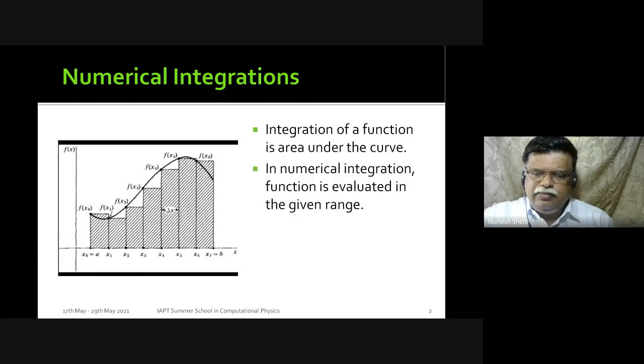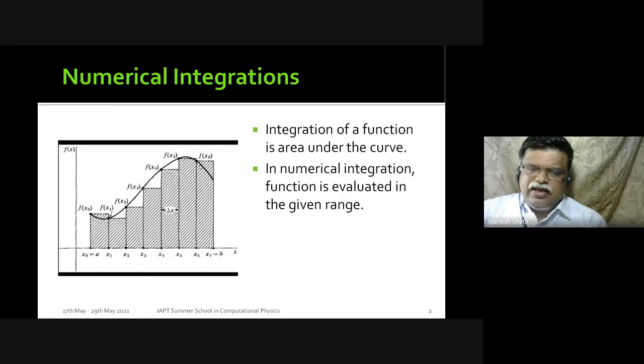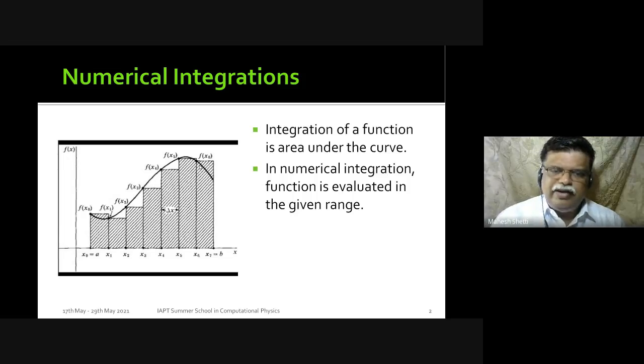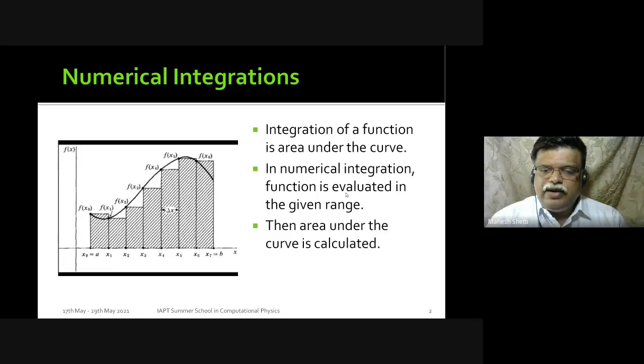This is possible because Excel or Python kind of programs and computers are available, so you can quickly do this. Then you calculate the area under this curve by taking all these boxes together. Fine.